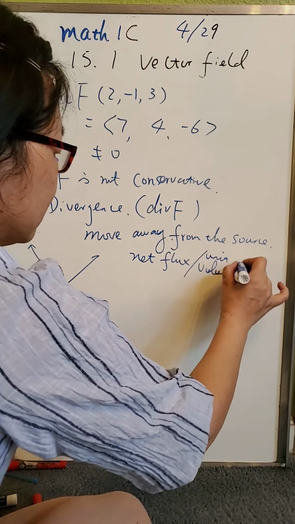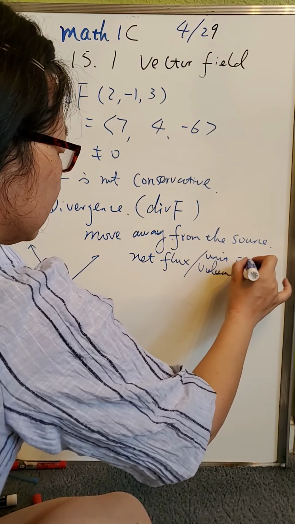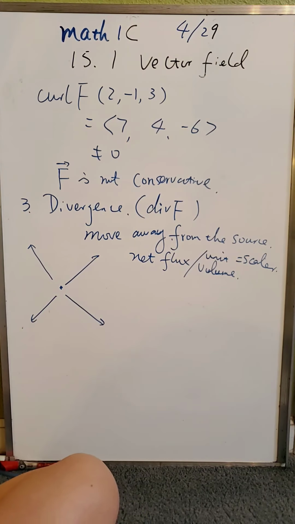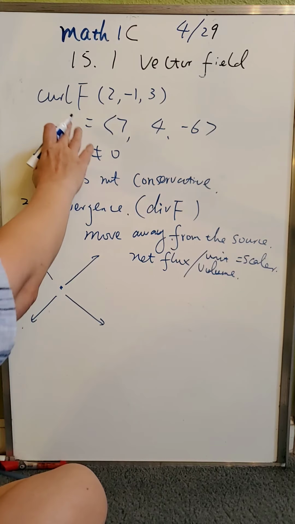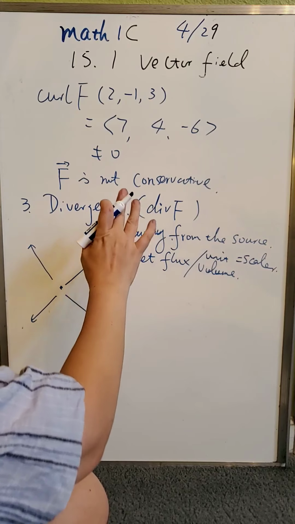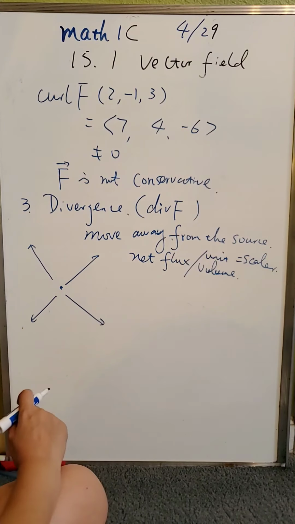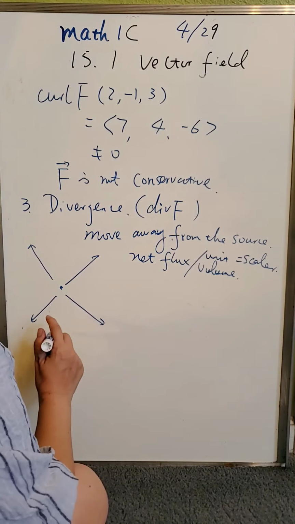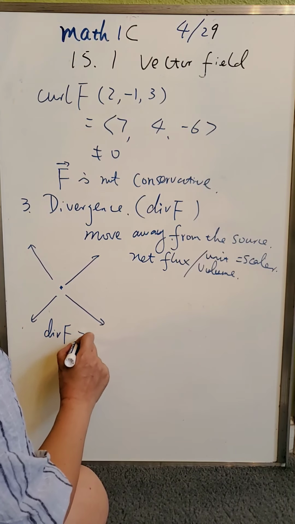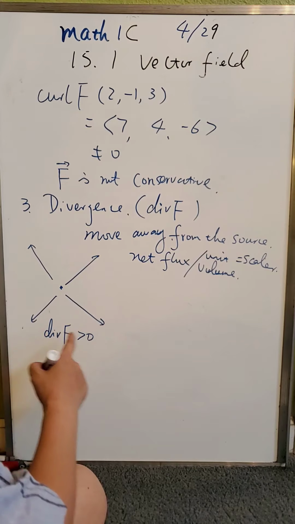Curl is a vector, but divergence is a scalar. In this case, this is a positive divergence, greater than 0. So that's the first one you've seen.